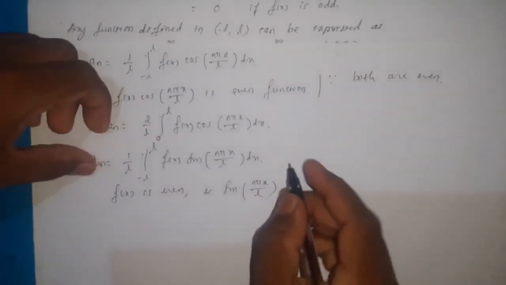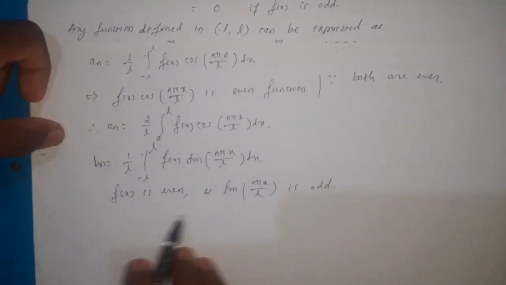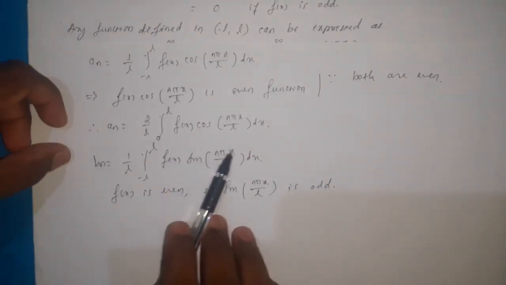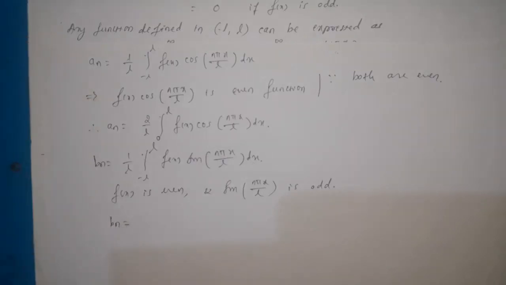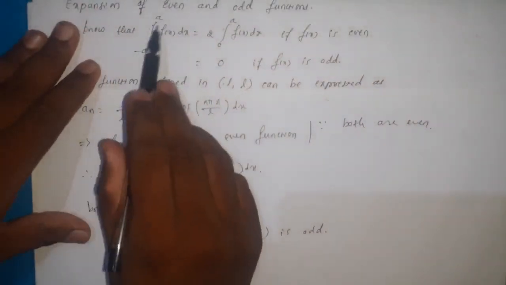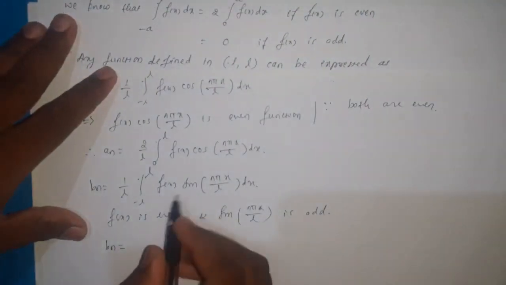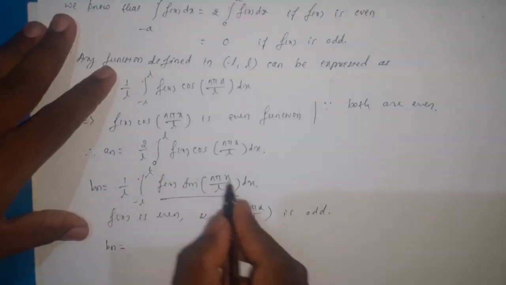So sin n pi x by L is odd. So if one function is even and one is odd, then the product of them will be an odd function. So that f of x sin n pi x by L is odd. So now what will be the value of b n? That is equal to 0, because here integral from minus a to a of f of x dx is 0 if the function is odd. So here this total function is an odd function now, and the interval is from minus L to L. So therefore its value is equal to 0.